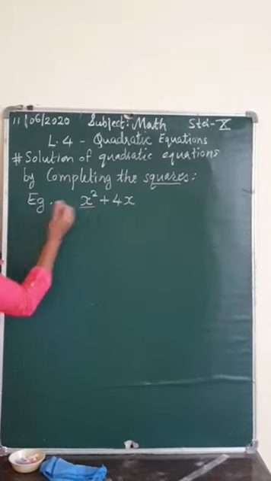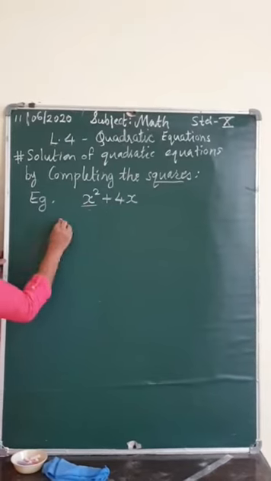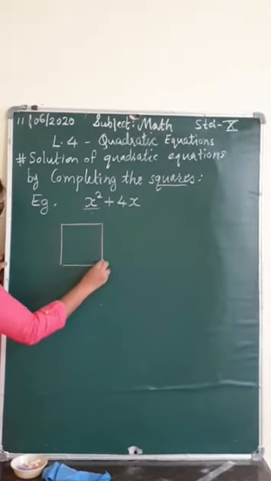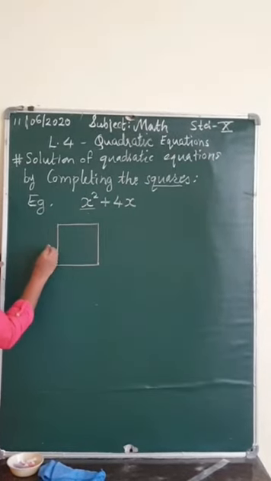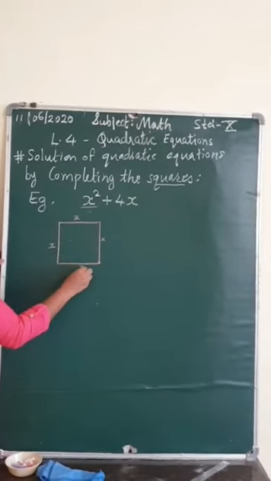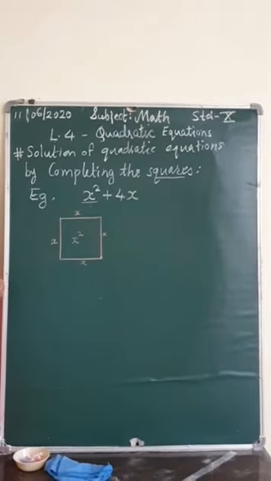Here we have x square, with sides x and x.